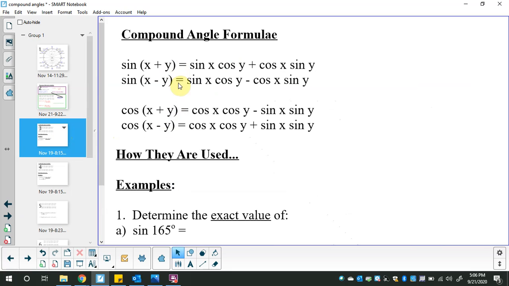Now, let's take a look at them before I start writing. The top one and the bottom one, sometimes they get mixed.